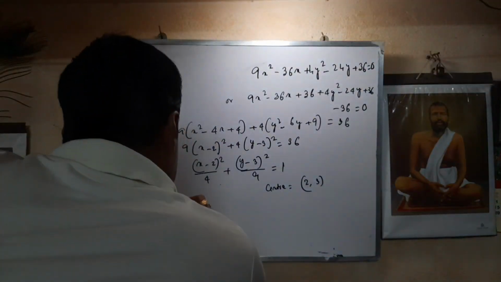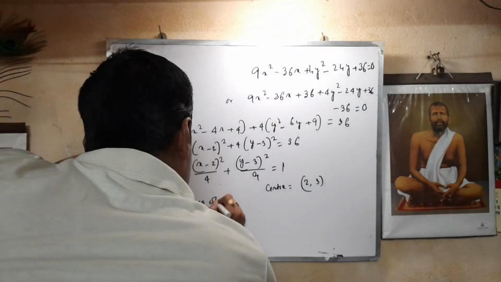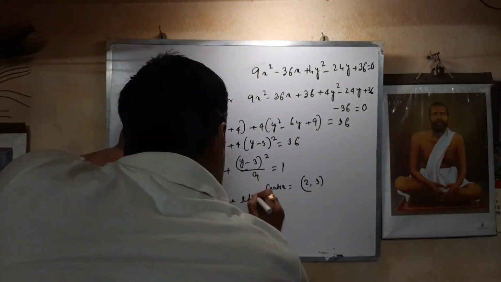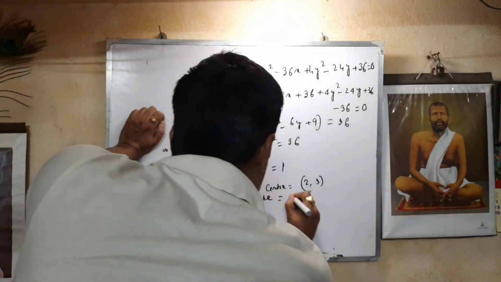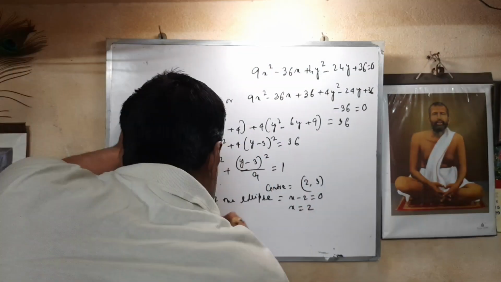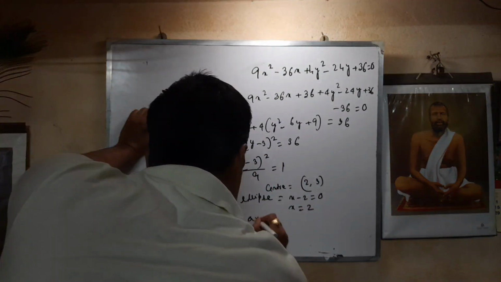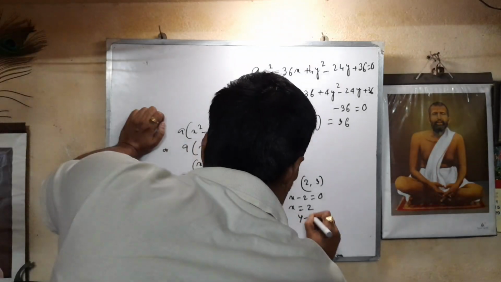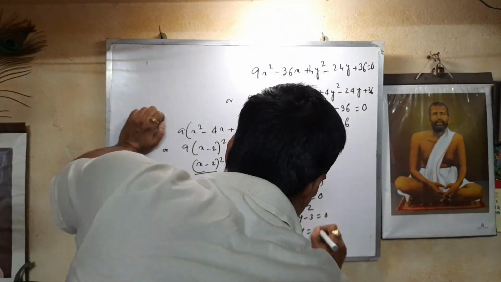So the axes of the ellipse are x − 2 = 0, that is x = 2, and another axis y − 3 = 0, or y = 3.